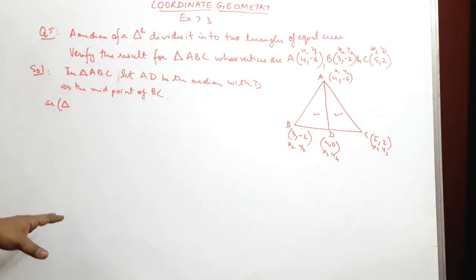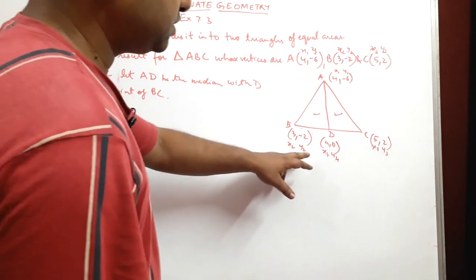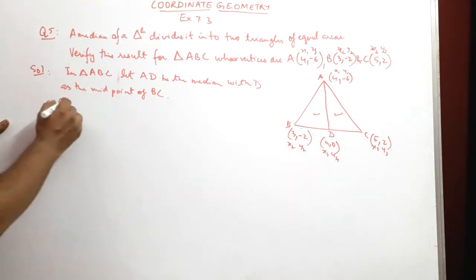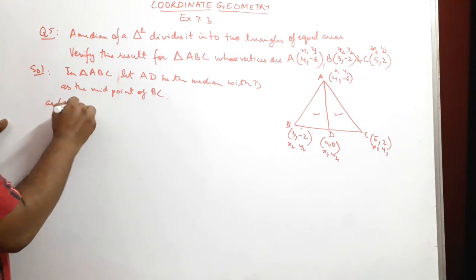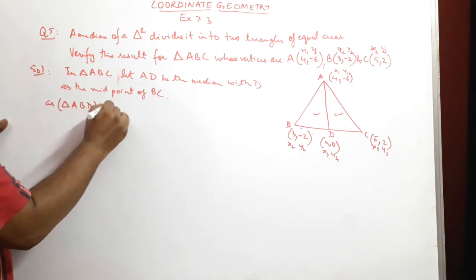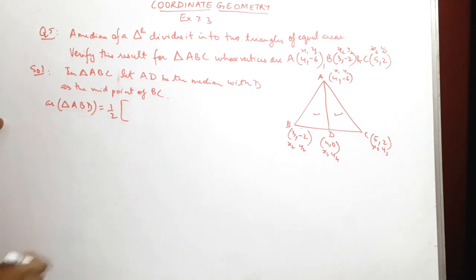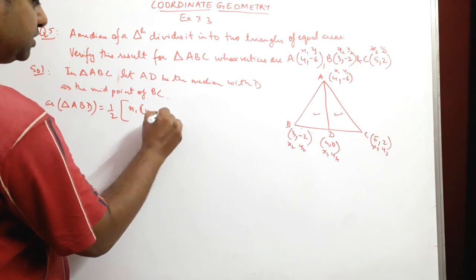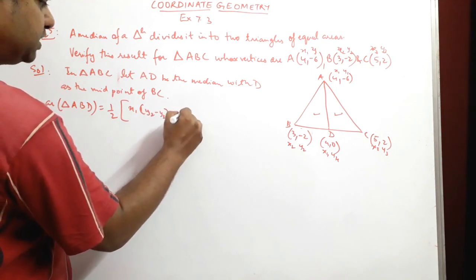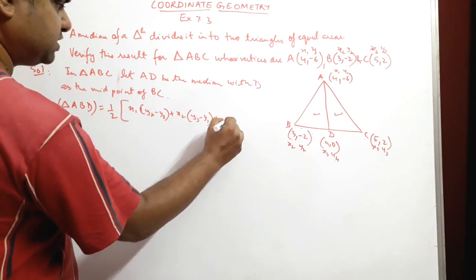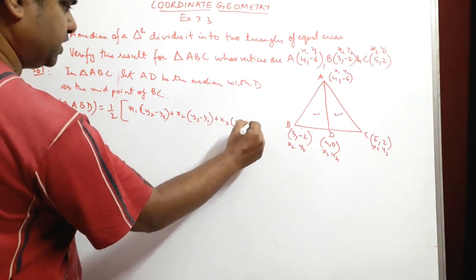So it won't be difficult. I'll show you the formula. Area of triangle ABD is half, and write down the usual formula that you know, that is x1 into (y2 minus y3) plus x2 into (y3 minus y1) plus x3 into (y1 minus y2).